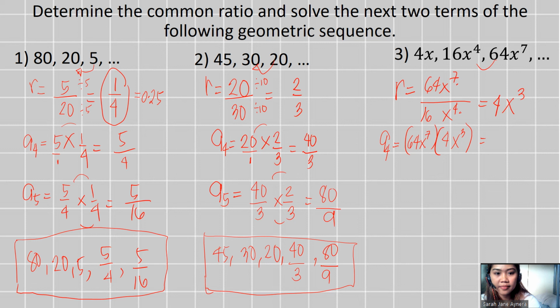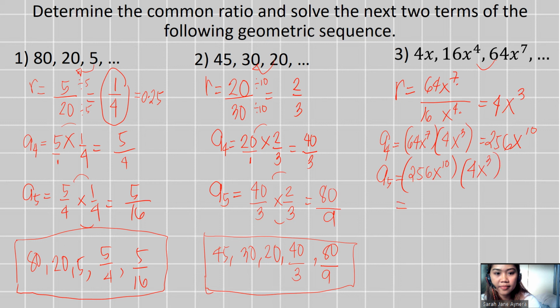We multiply the numerical coefficients 64 and 4. 64 times 4 is 256. Then, we multiply x raised to 7 by x raised to 3. We copy the base, and we add the exponents. 7 plus 3, that is 10. So, the fourth term is 256x raised to 10. And the next term is equal to the preceding term, 256x raised to 10, times the common ratio 4x cubed.